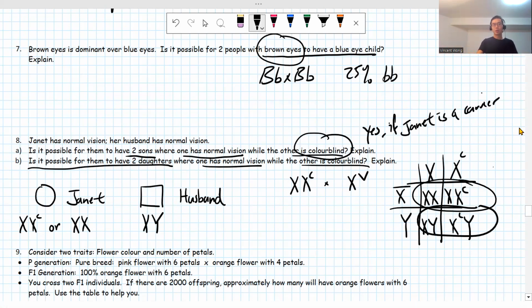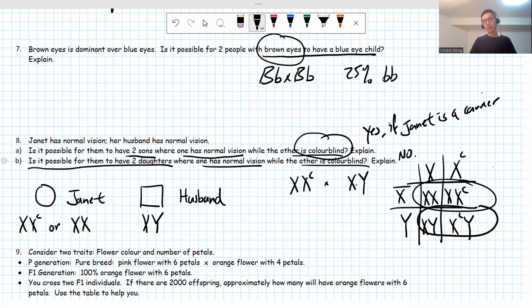So in this case, it's no. The only way for this to be true is if the father has color blindness as well. So if the father is not colorblind, there's no way for any of the daughters to be colorblind, even if the mother is colorblind.